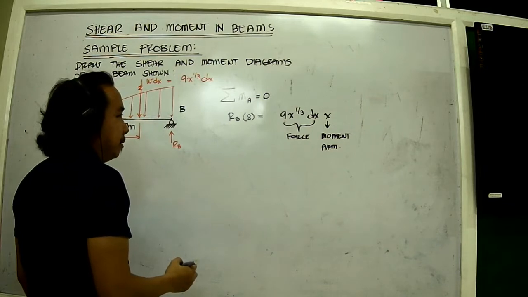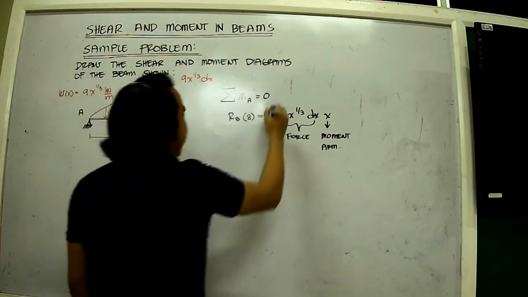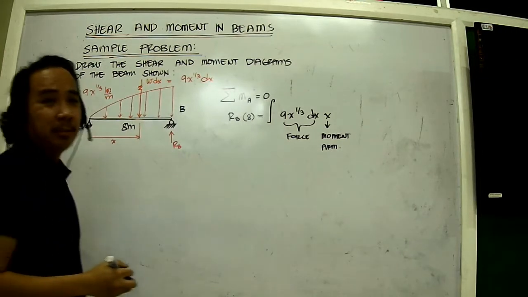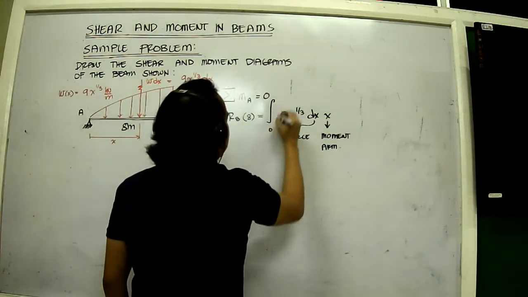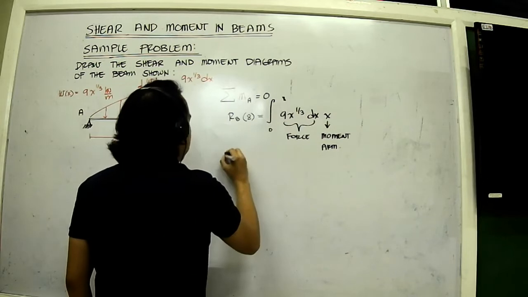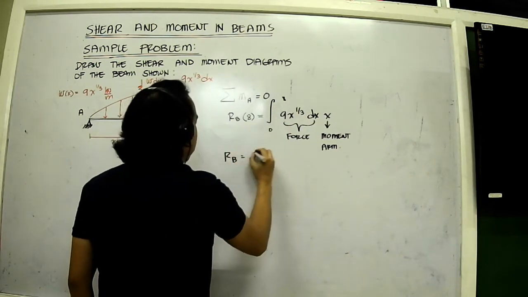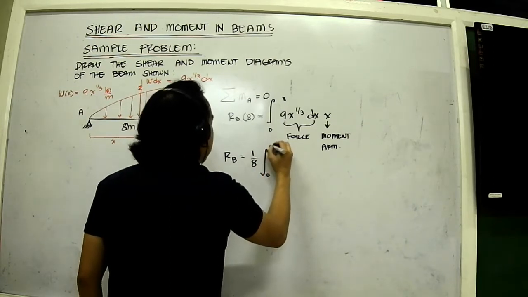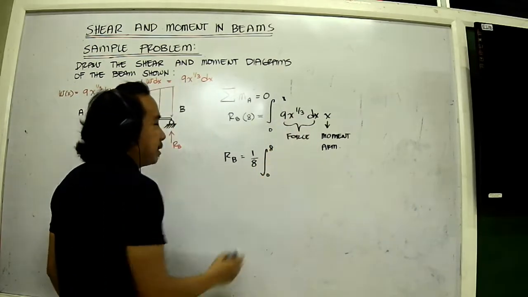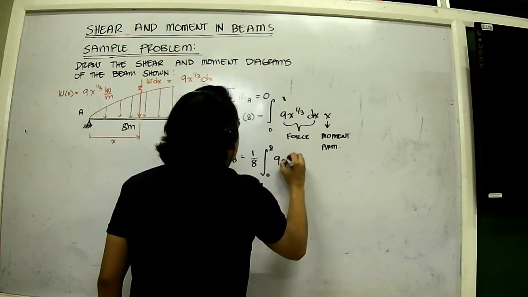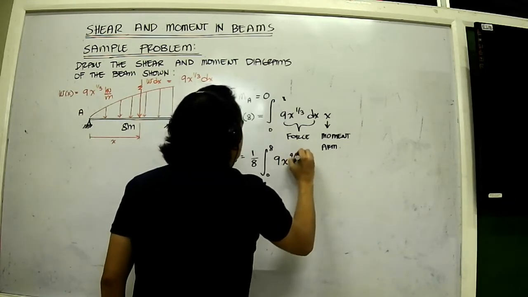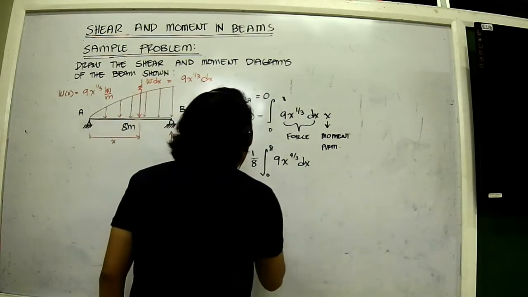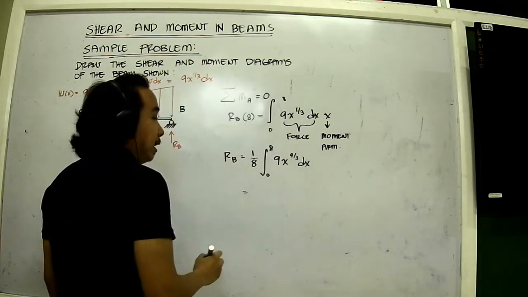These are differentials, so I will integrate. The load occurs from 0 to 8 all throughout the beam, so this is 0 and this is 8. So I'd say RB is equal to 1/8 integral from 0 to 8 of 9 x^(4/3) dx.